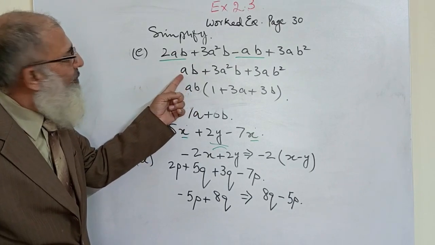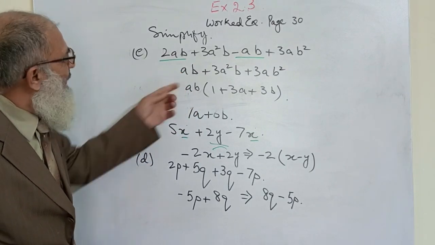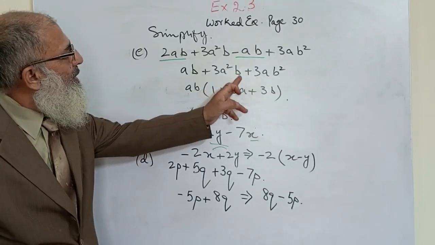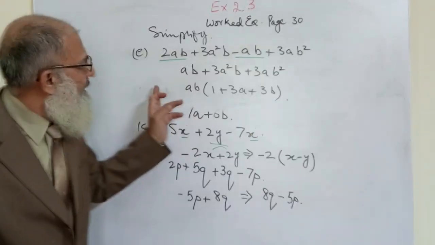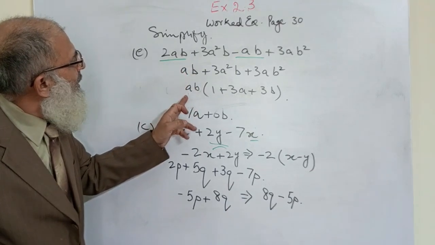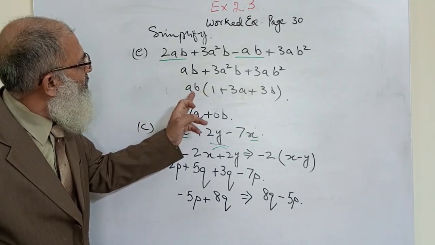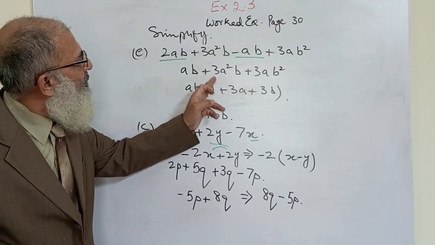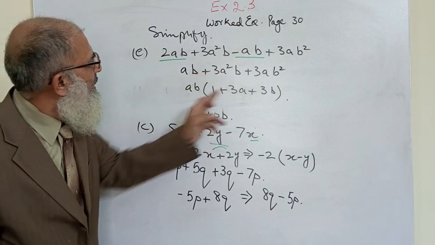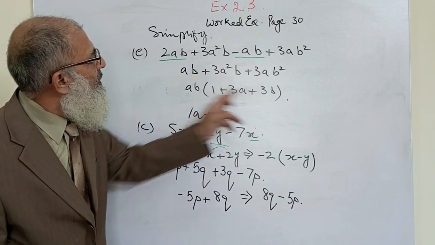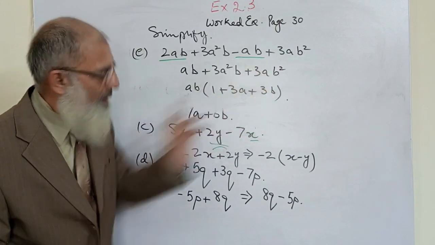You see that we have made ab common because ab is existing in all the three terms. So we brought this common over here, and ab multiplied by 1 is ab, ab multiplied by 3a is 3a square b, and ab multiplied by 3b will become 3ab square.